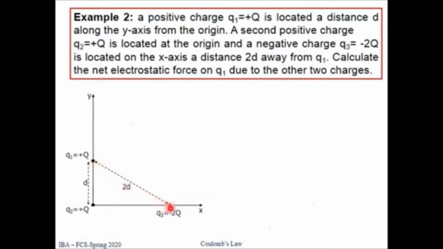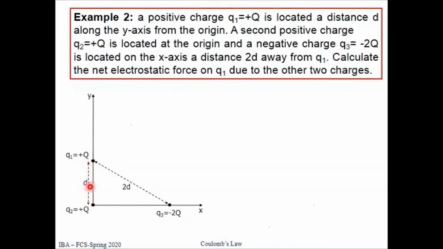And then finally we have to add both these forces vectorially, and then we will get our final result. But before I find the magnitude of the force between Q1 and Q2, Q1 and Q3, let me first define the direction of both forces.